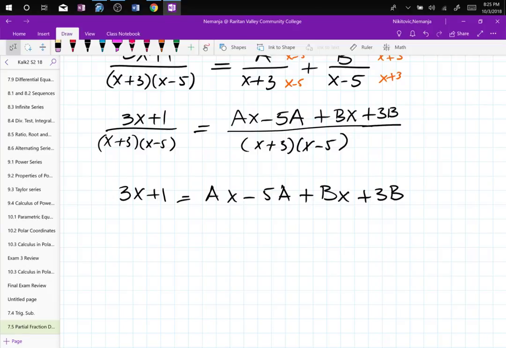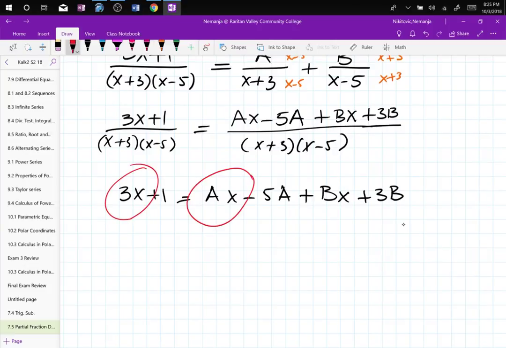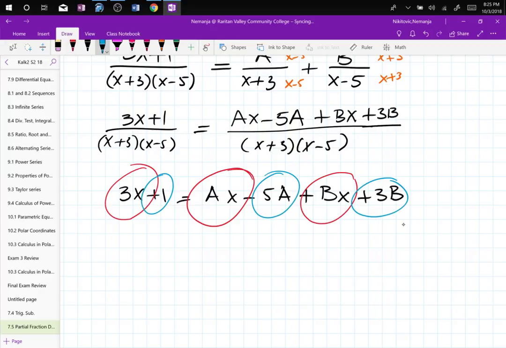So now what I'm going to do is put all of the terms that have x's in one pile, and all of the terms that are constant in another pile. So my red equation is 3x, well, there is a better way. You factor out x, but we'll deal with that. So 3x is equal to ax plus bx, and the blue equation is 1 equals negative 5a plus 3b.